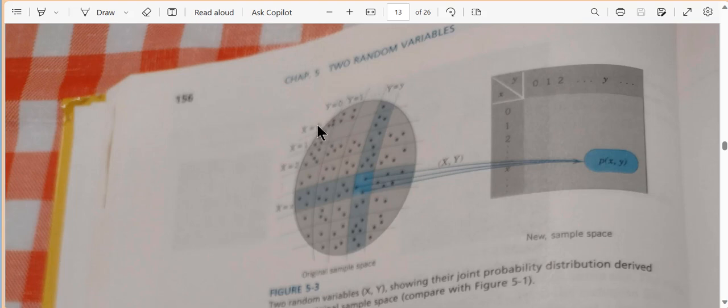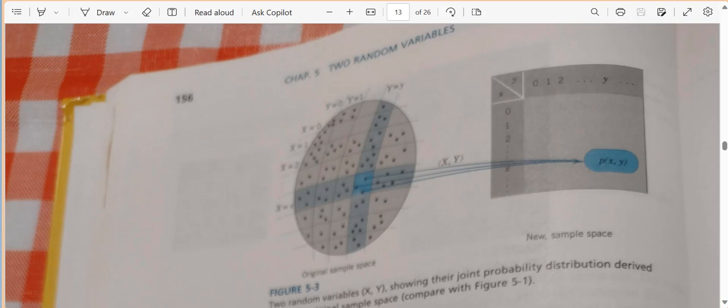These x equals 0, x equals 1, and so on are all events. That's what I forgot to say. Y equals 0 is an event. Y equals 1 is another event. Y equals something else is another event. Same thing with x equals 0, x equals 1, x equals 2. So these different values of x also partition the sample space.